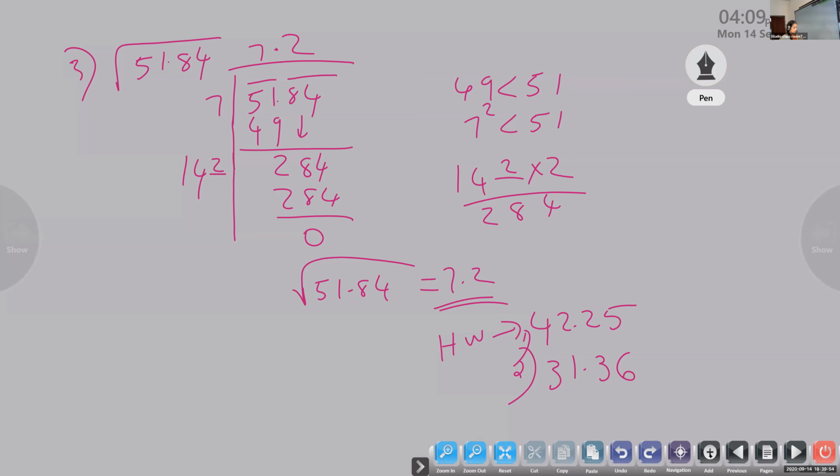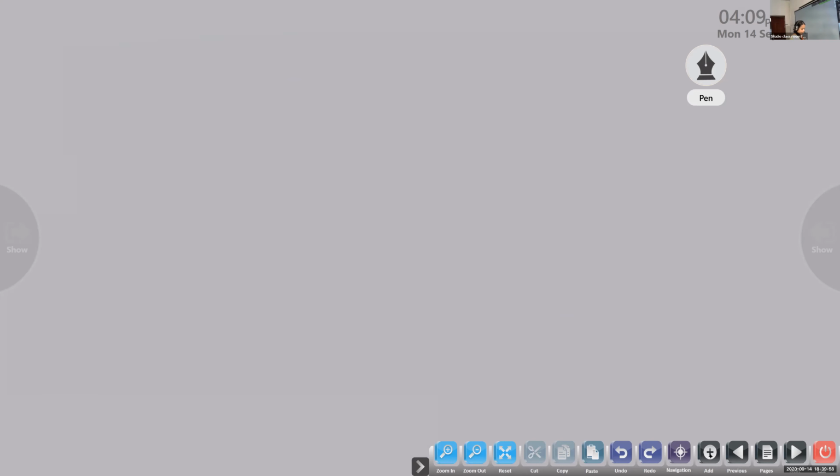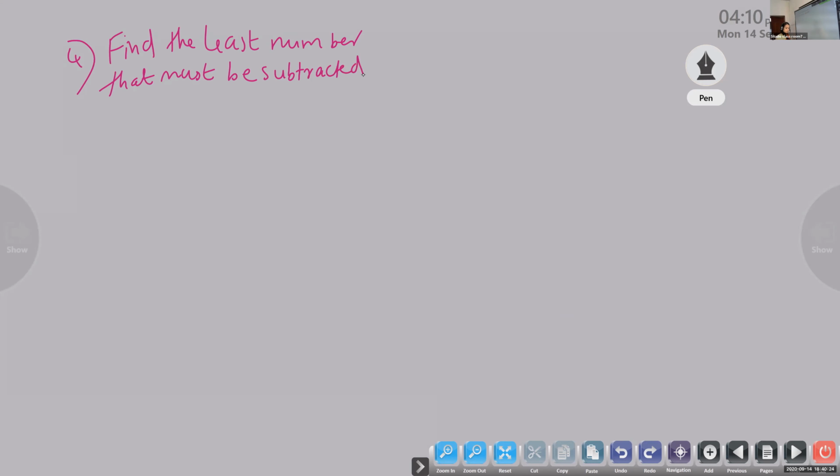Find the least number that must be subtracted from 5,607 so as to get a perfect square.